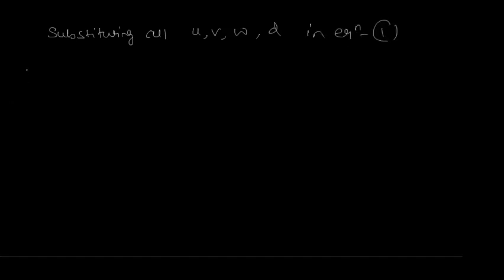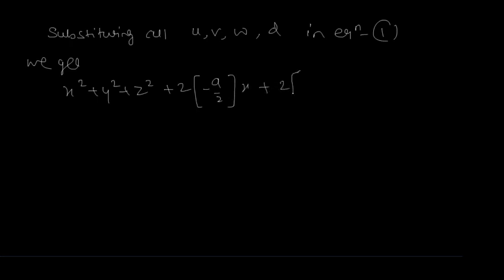We get x square plus y square plus z square plus 2 into minus a by 2 x plus 2 into minus b by 2 y plus 2 into minus c by 2 z plus 0 equal to 0.